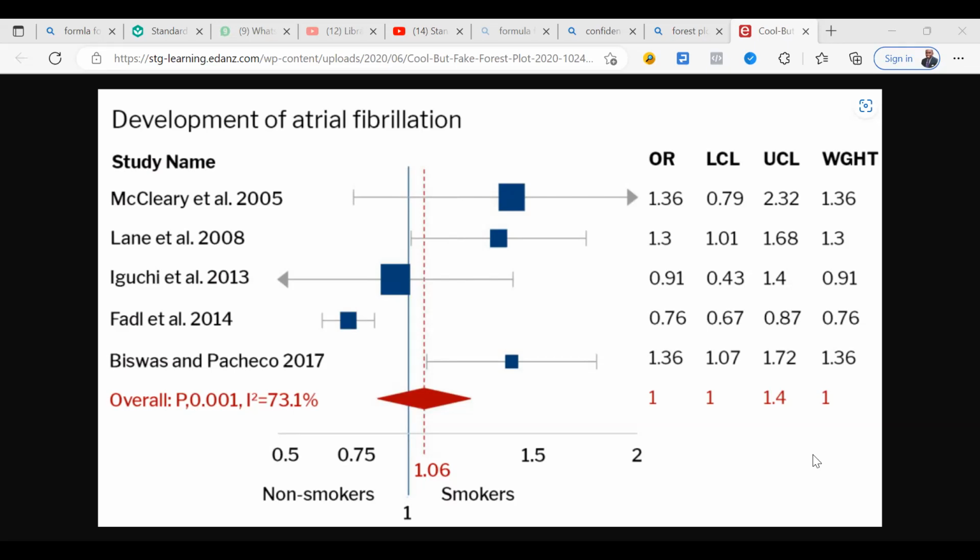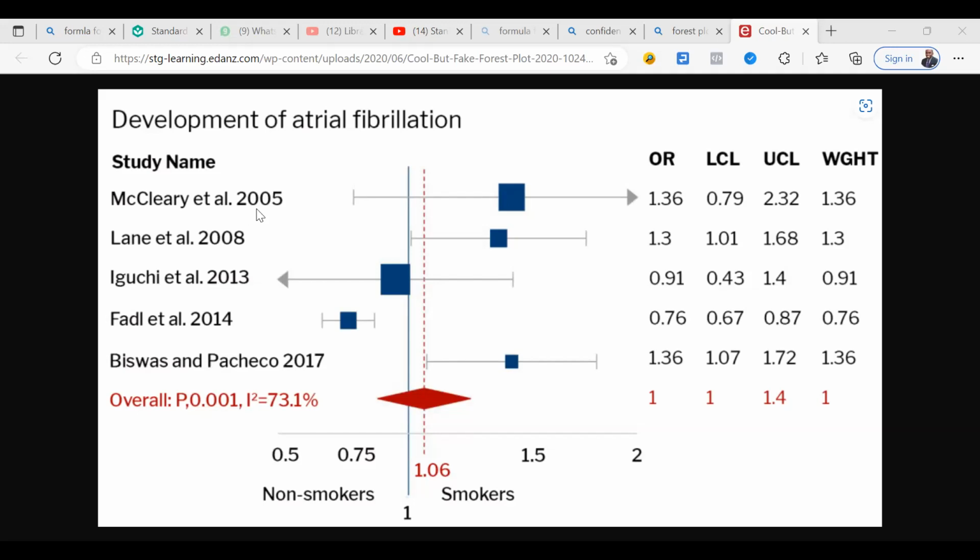Good. Now we have identified the odds ratio. So now for the first study, McCleary et al., is it significant or not?